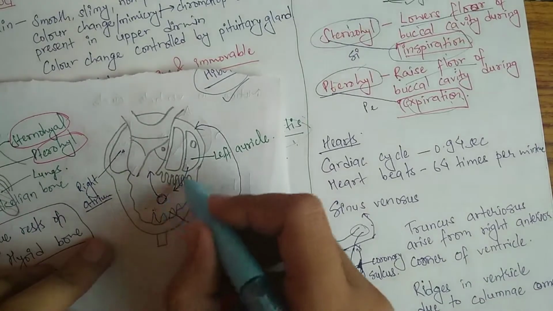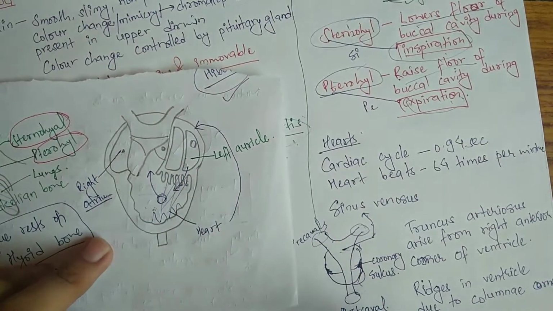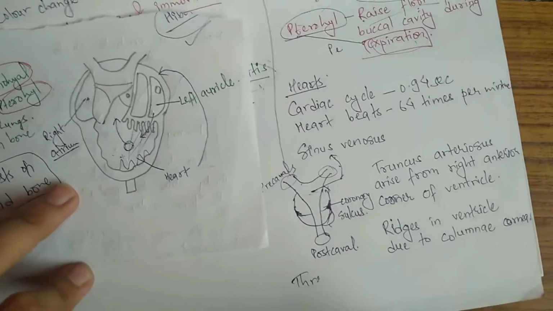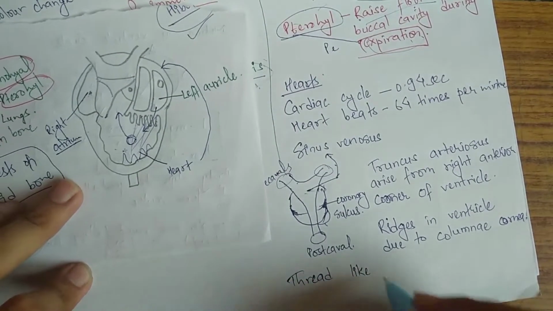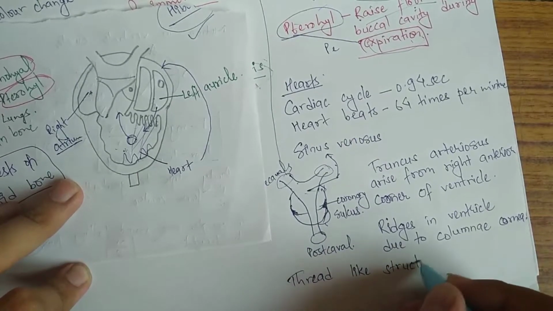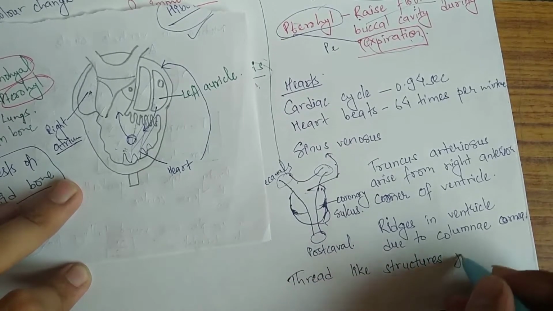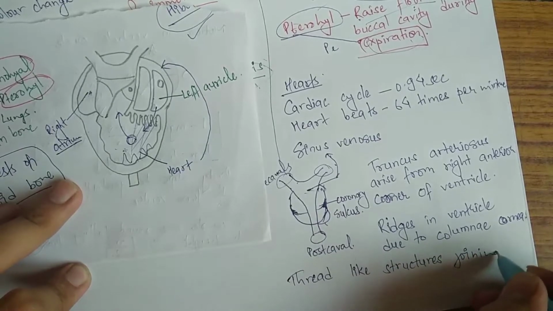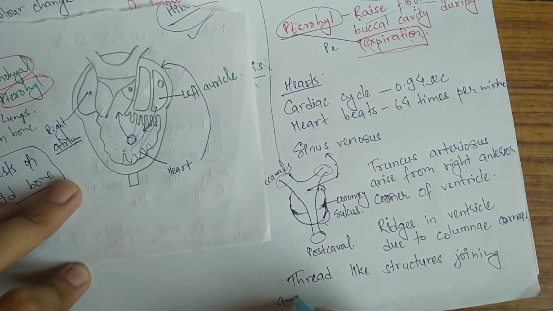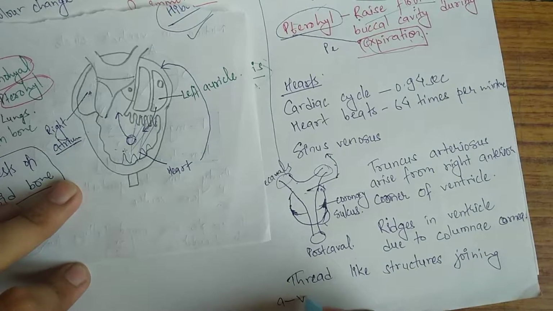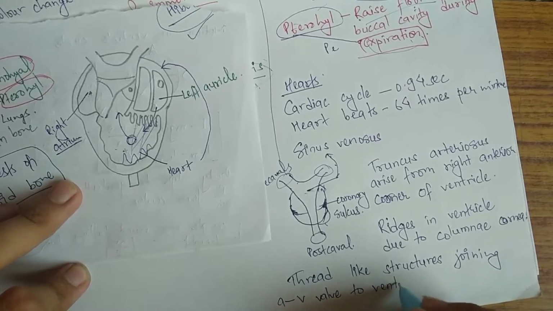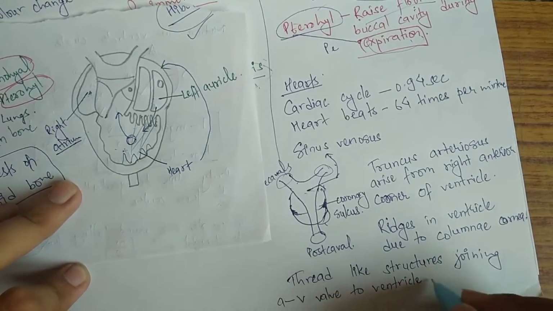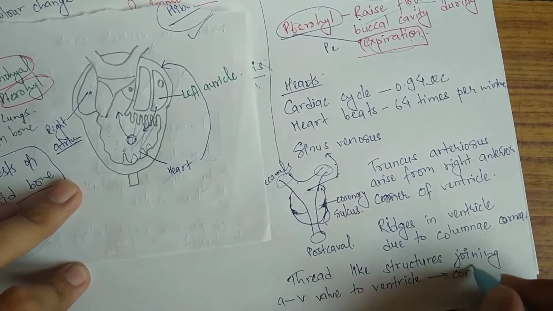And then there are thread-like structures joining the auriculoventricular valve to the ventricles. This is called chordae tendineae.